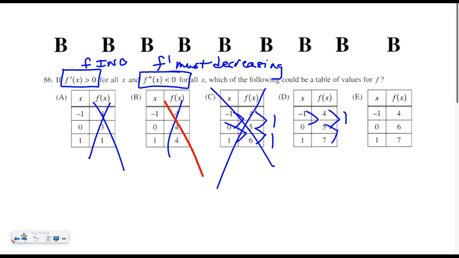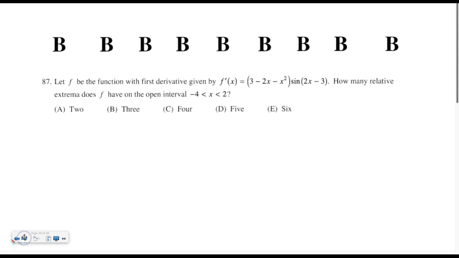This would be 2 over 1. That one's got slopes that are increasing. This one would be 2 over 1. Again, I'm just doing change in y over change in x from my 6th grade years here, right? Only letter E has an increasing f and decreasing f prime. So the answer to that would be E.